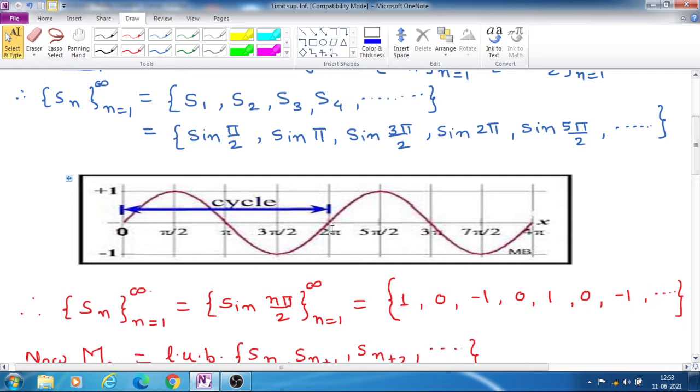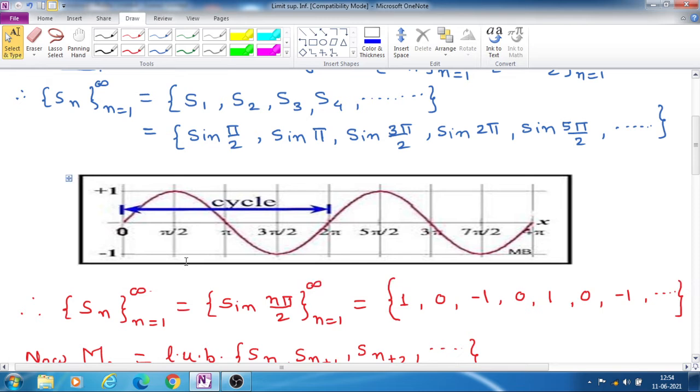Next sin 2 pi, x equal to 2 pi, the y value is 0. Next sin 5 pi by 2, the y value is plus 1.